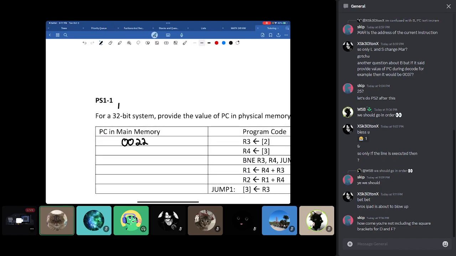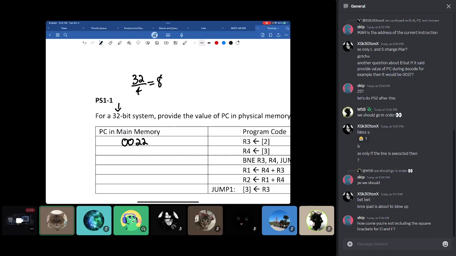And this is a 32-bit system, so we're gonna do 32 divided by 4. That is 8. Sorry, no. My brain is farting. Hold on. Divided by 8. Not divided by 8, but it's equal to 8.